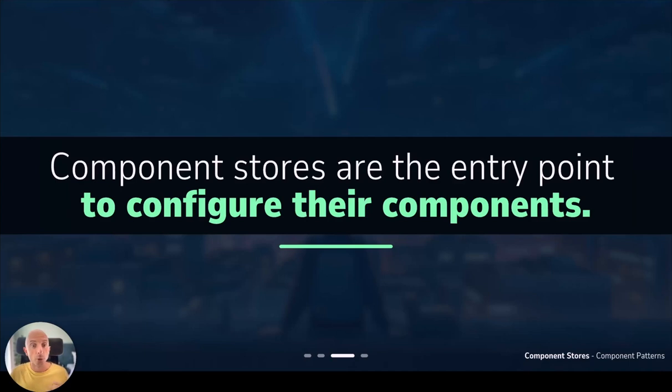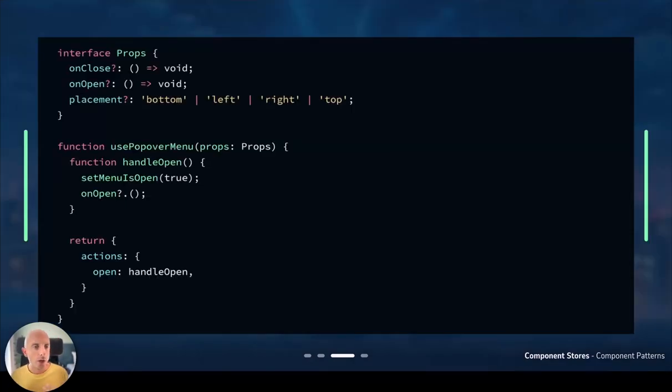Well, we can do a bit more with this. We can take this further and we can show that the component store can actually act as the entry point for the component itself for any type of customization or modification of that component. So in this example here, we're going to pass in to our use popover menu hook an onClose callback, an onOpen callback, or a placement prop. And now we pass that stuff into our hook, and our hook can now manage all of that for us.